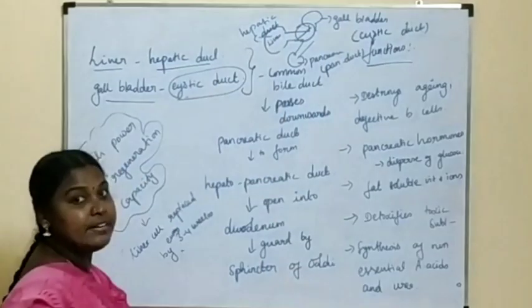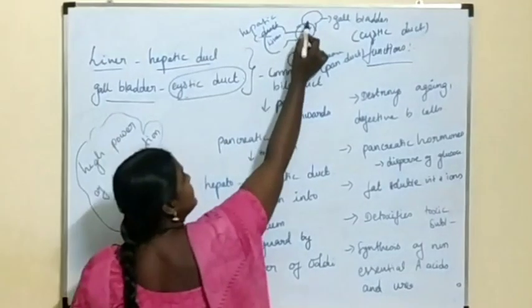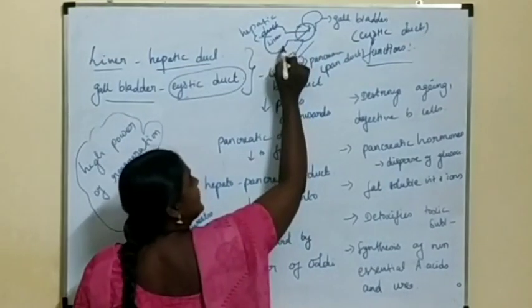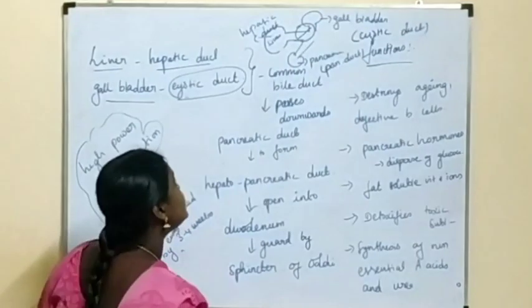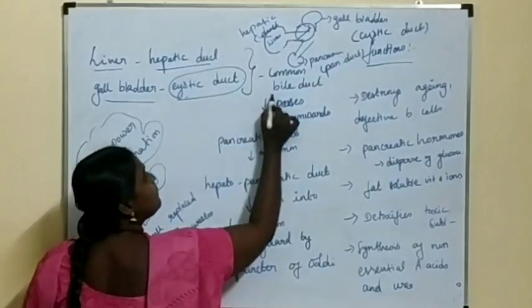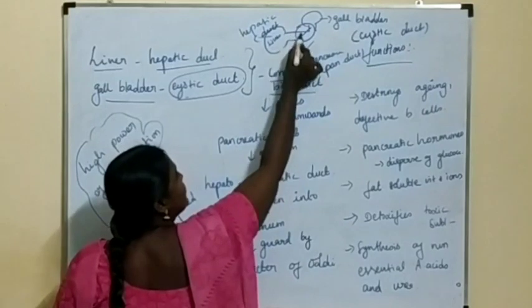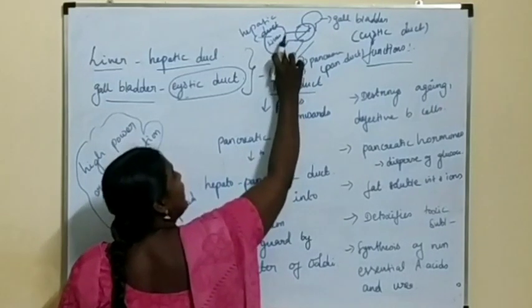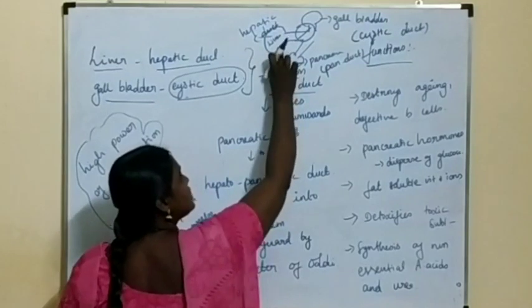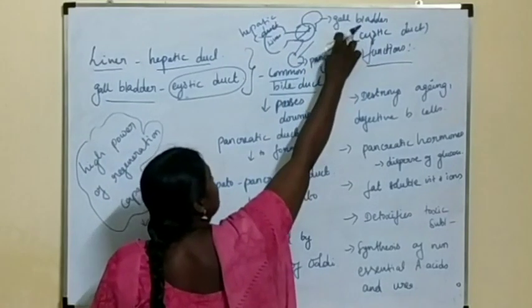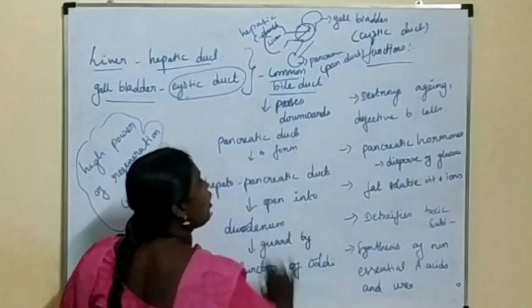The liver secretes bile juice, which is stored in the gallbladder. How? It has a common bile duct. It passes in between, bridging the hepatic duct of the liver and the cystic duct of the gallbladder, and that is called the common bile duct.